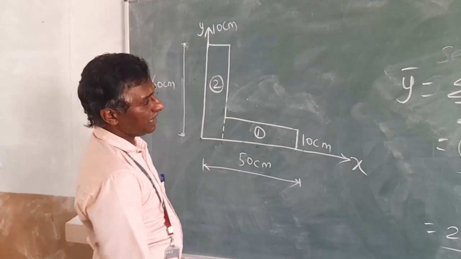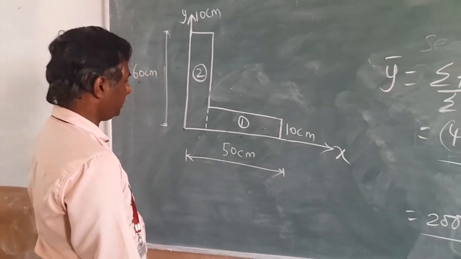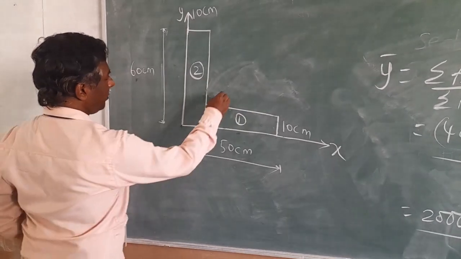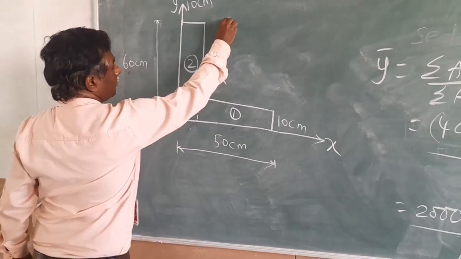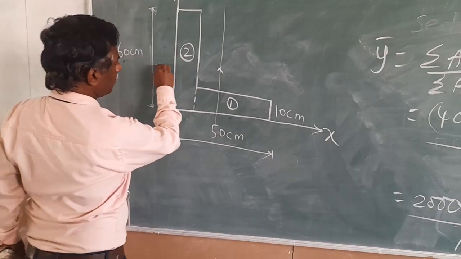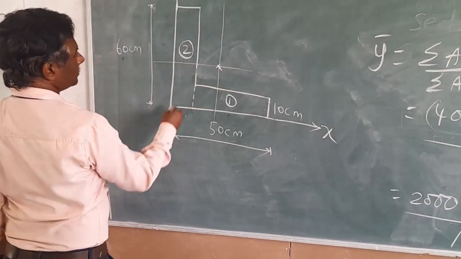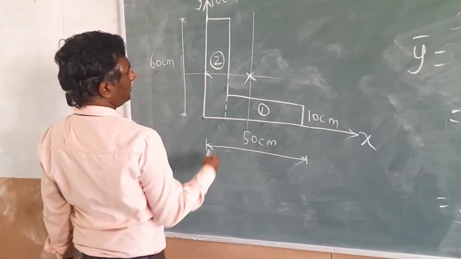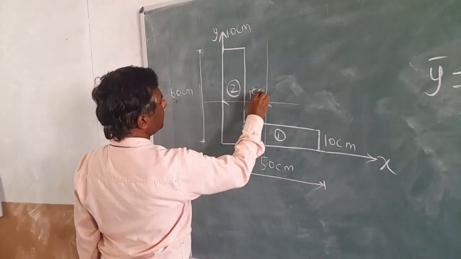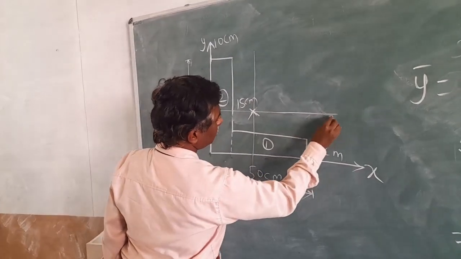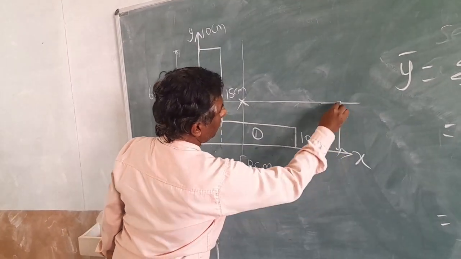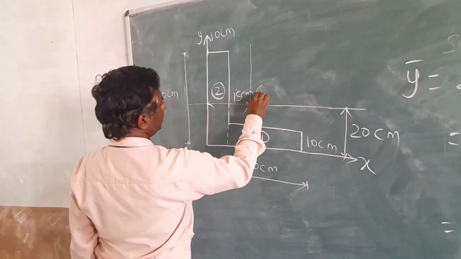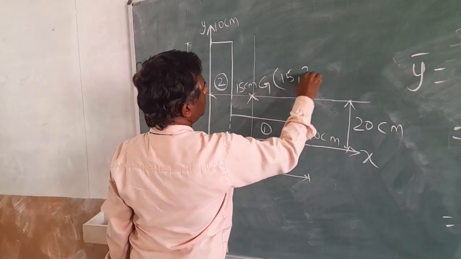And y bar equals 20, which means 10 plus another 10. So this is the point. From here to here this is 15 centimeter, and from the axis this is 20 centimeter. This is the centroid, 15, 20.